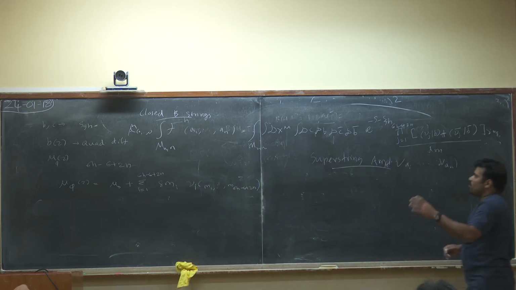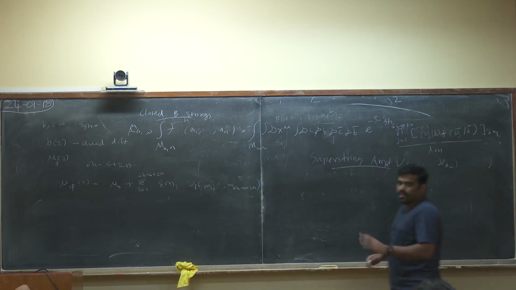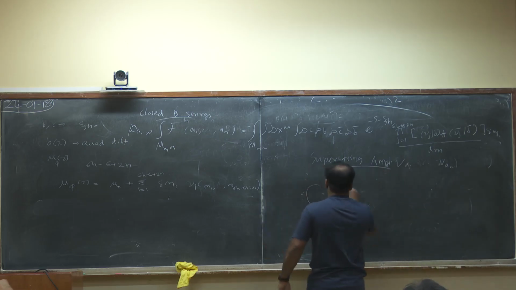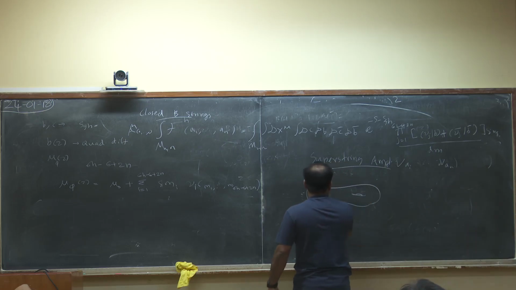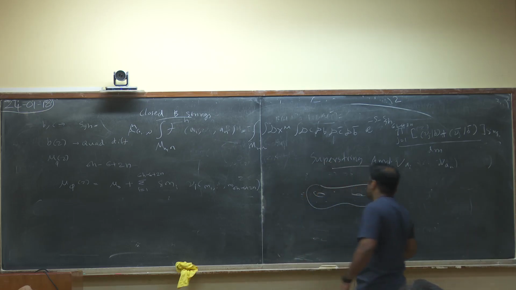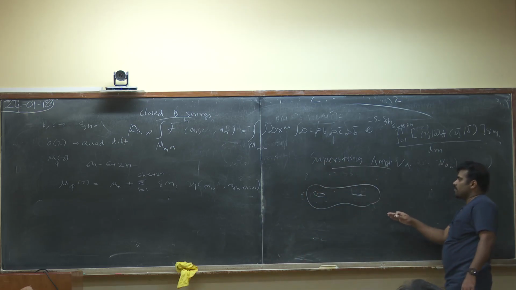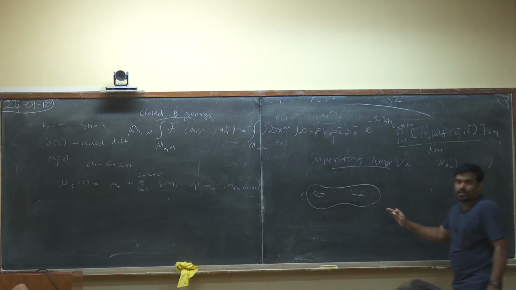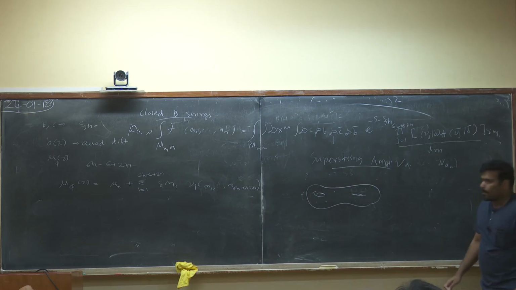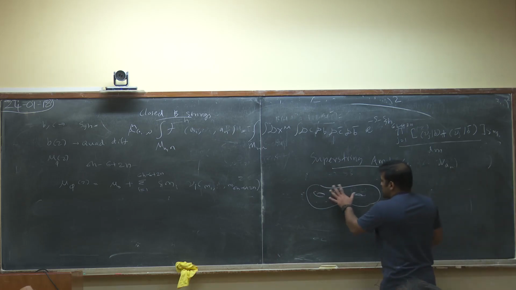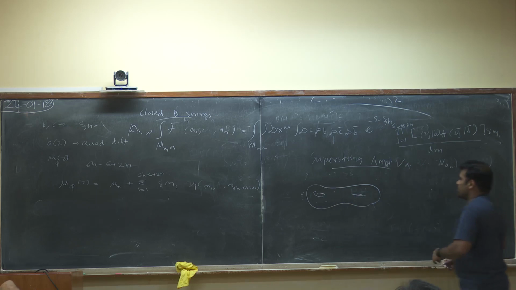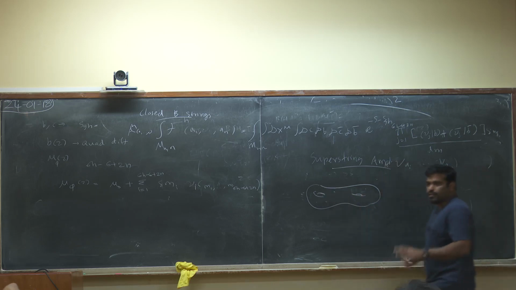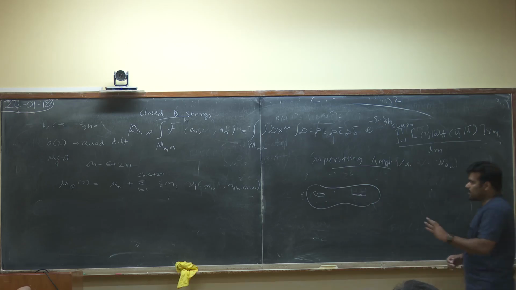Somehow we can forget about the super part by inserting enough picture changing operators on the worldsheet. We can choose some specific distribution of PCOs depending on how many are needed on that surface. The condition this distribution has to satisfy is that if I perform a mapping class group transformation of the Riemann surface, the distribution of picture changing operators should not change.